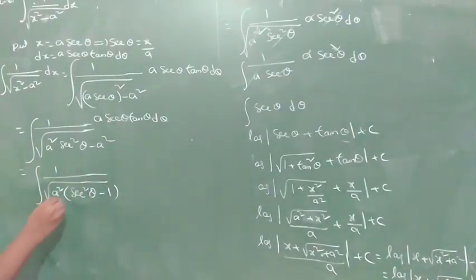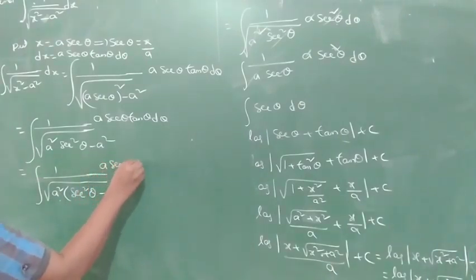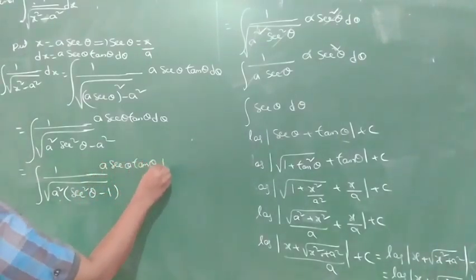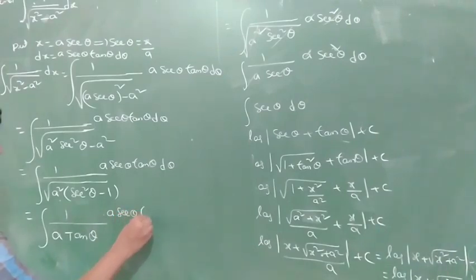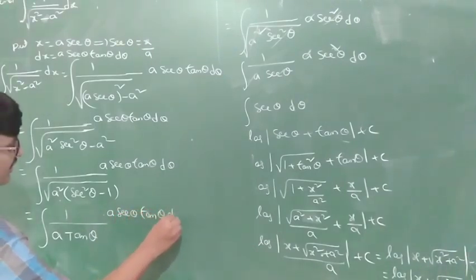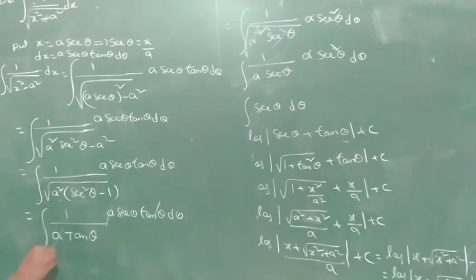Secant square theta minus 1 is equal to tan square theta, and the root of tan square theta is tan theta. So a and tan theta cancel, leaving the integral of secant theta d theta.